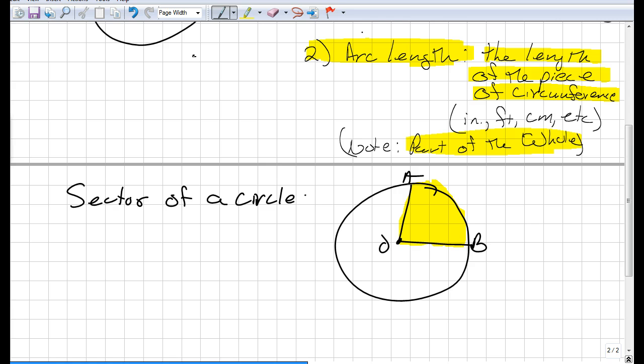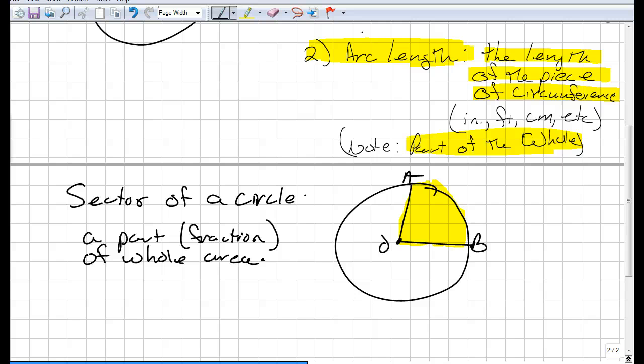And notice that the area is a fraction or a part of the whole area. And so we use that information to be able to determine the area of the sector.